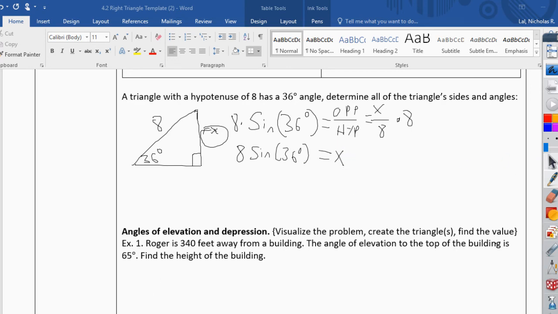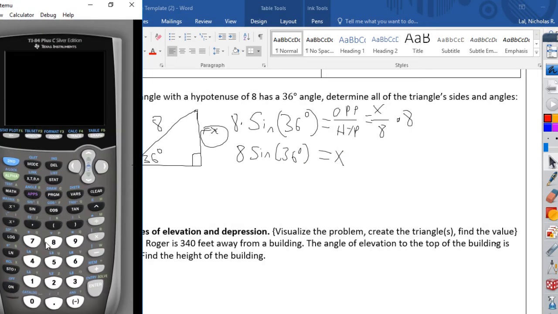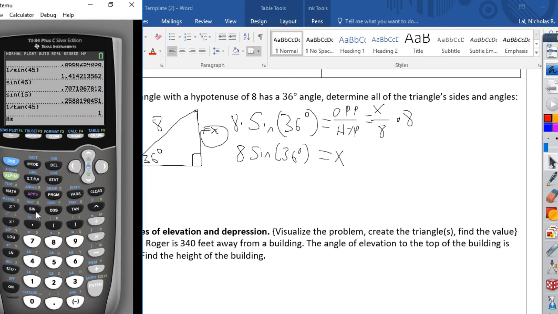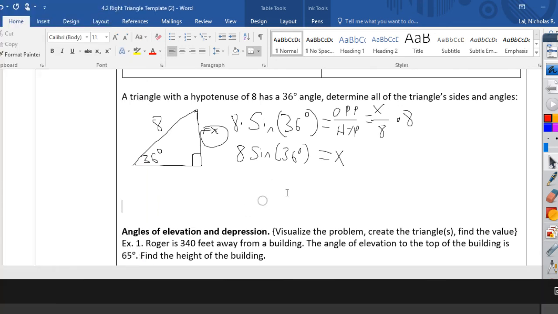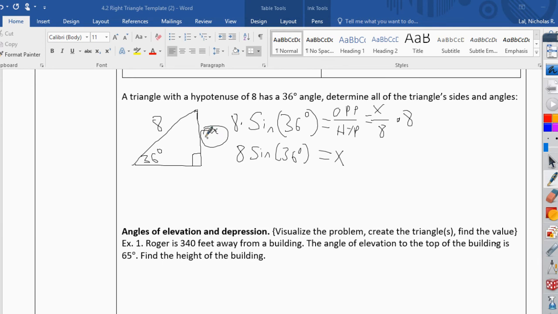Now this is where our calculator comes in. 8 times the sine of 36 is 4.702.